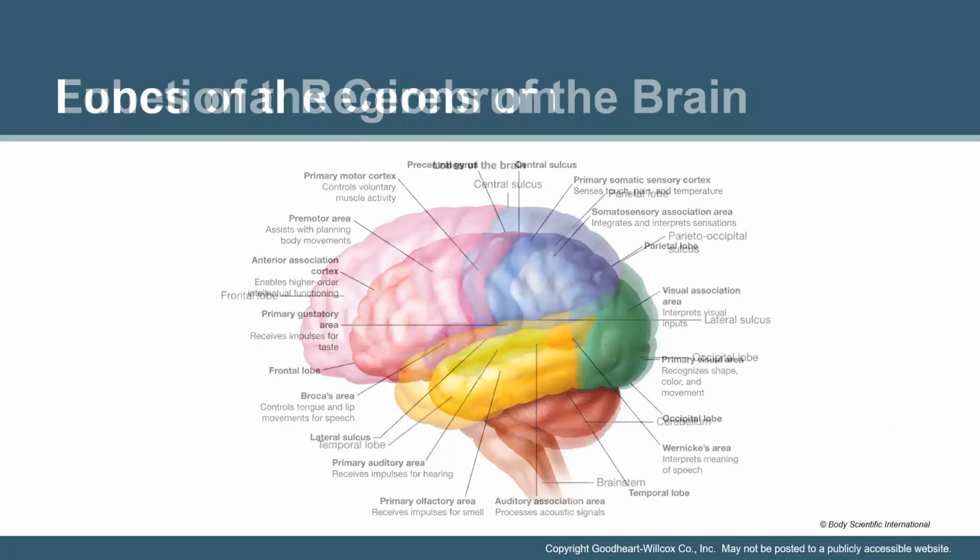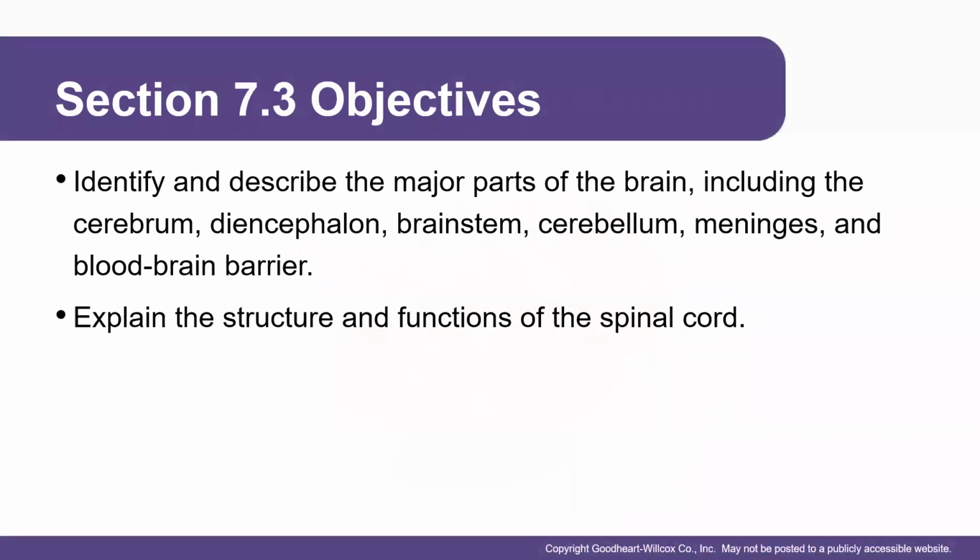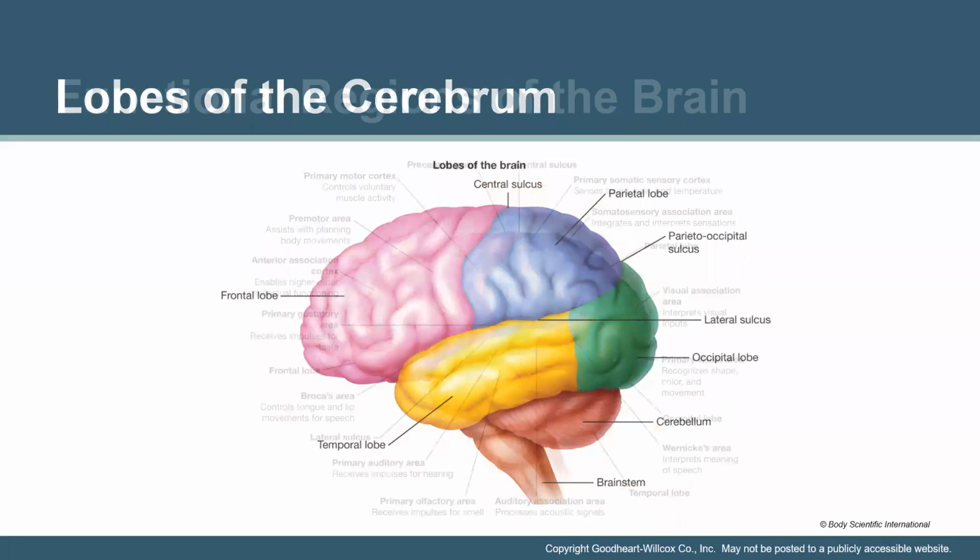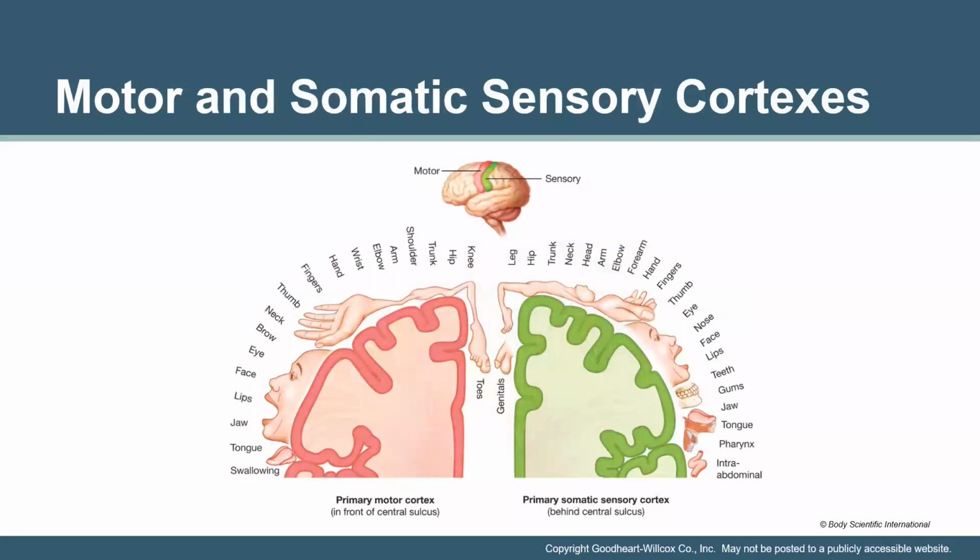One thing I didn't mention that I want to, let me go back here and see if I have a picture of it. We've heard of white and gray matter in the brain. White matter is myelinated, gray matter isn't, within the brain itself.